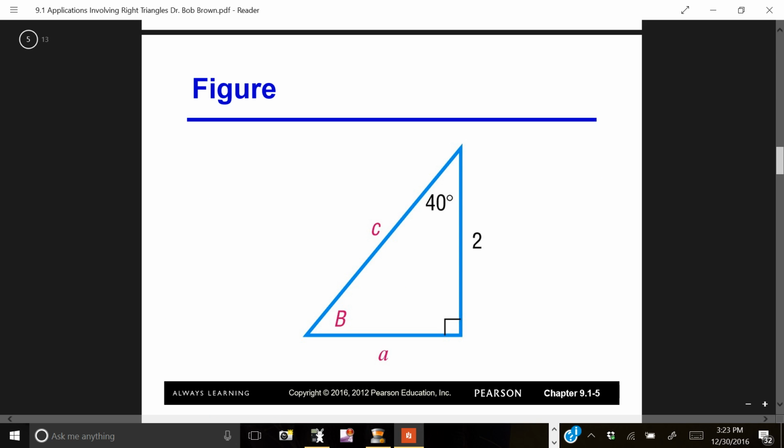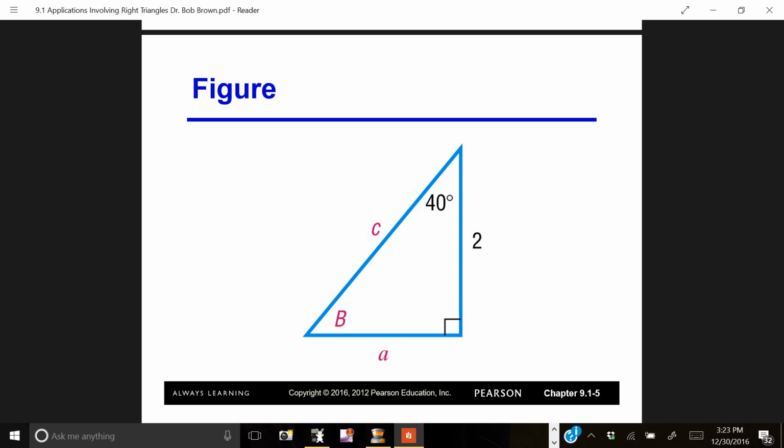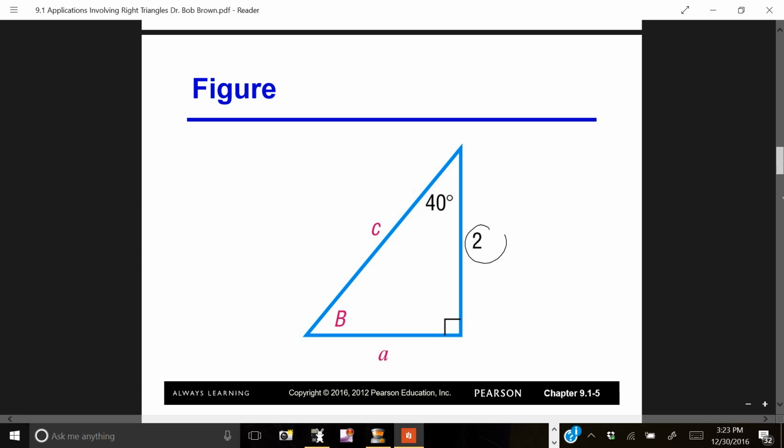Here's a very simple triangle problem we're going to solve. We're given a right triangle with an angle of 40 degrees for angle A, and we want to find angle B. And we're given that one side is 2, so we want to find the other two sides.